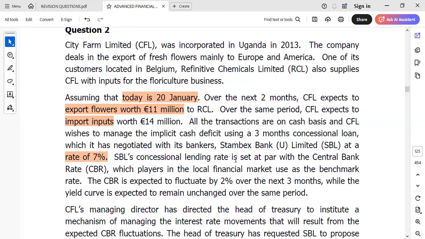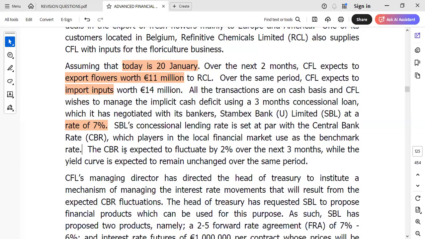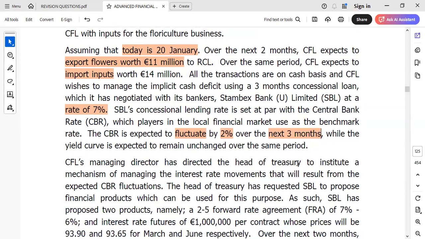SBL's concessional lending loan is set at par with the central bank rate, that is CBR, which players in the local financial market use as the benchmark rate. The CBR rate is expected to fluctuate by 2% over the next 3 months, while the yield curve is expected to remain unchanged over the same period.